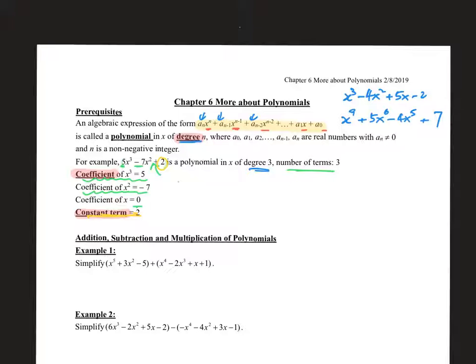Now would you please take a very quick practice, for example, this one, x cubed minus 4x squared plus 5x minus 2, the example I just gave to you. Can you list out the coefficients as well as the constant term in this polynomial? Let's take half a minute to do so.